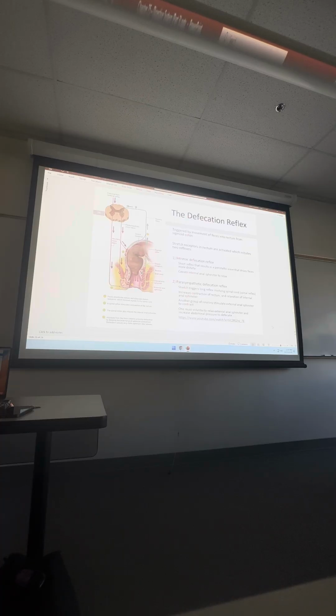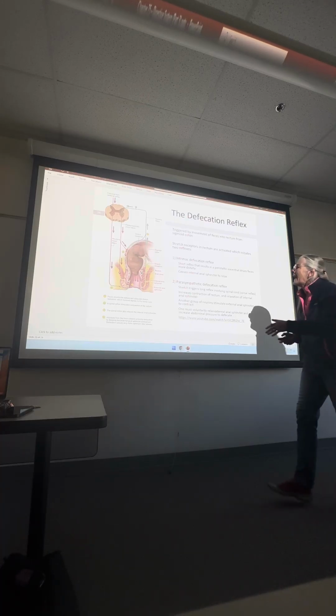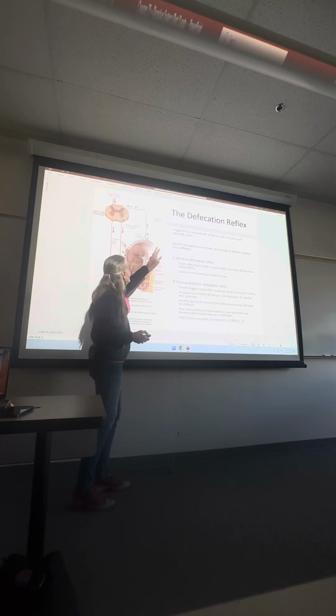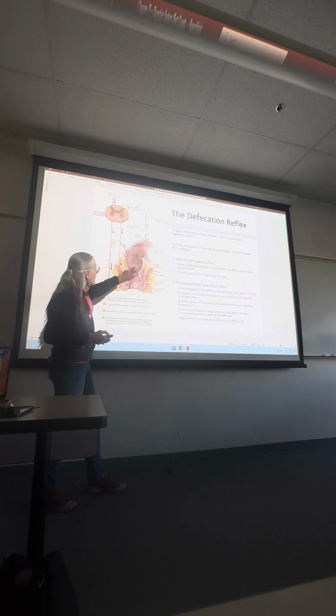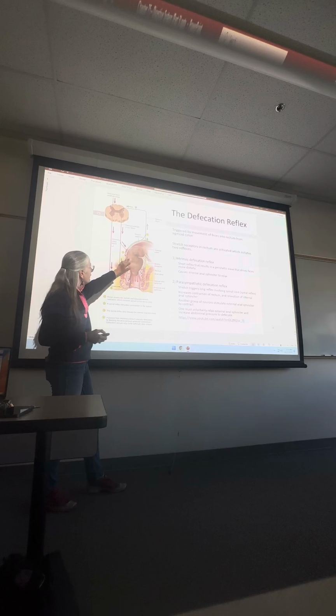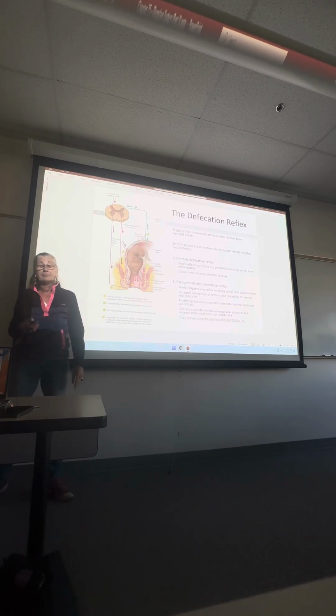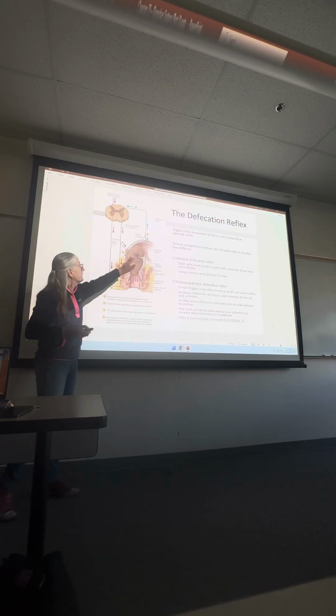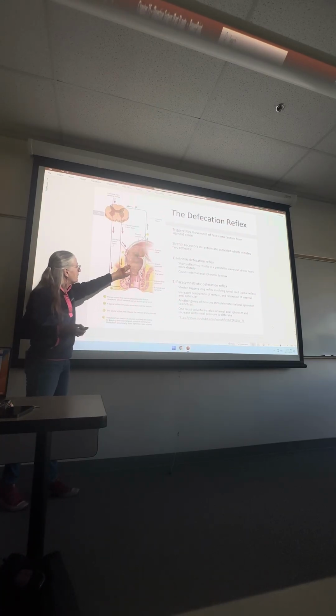All right, so back to the defecation reflex. We have a region of the large intestine called the sigmoid colon. Sigmoid colon delivers that waste material to the rectum, and the rectum stores it. And remember this thing about the mass movement, so 2-3 times a day, you just have this massive movement of material in the large intestine that ultimately puts fecal material in your rectum.